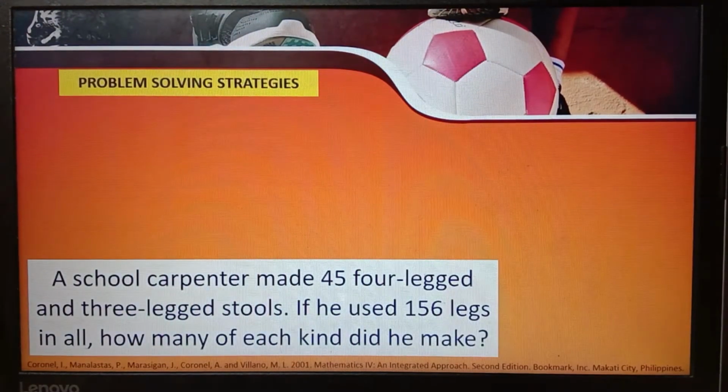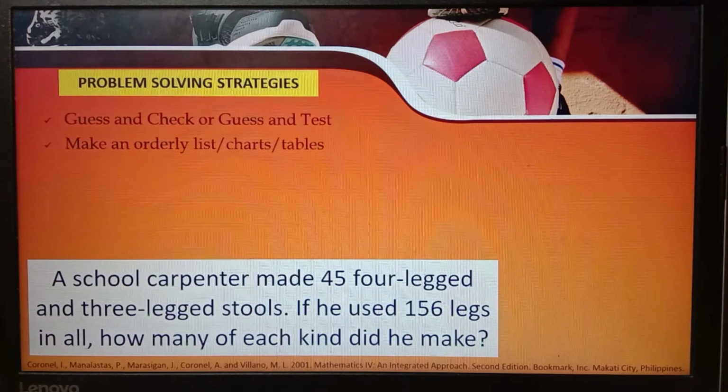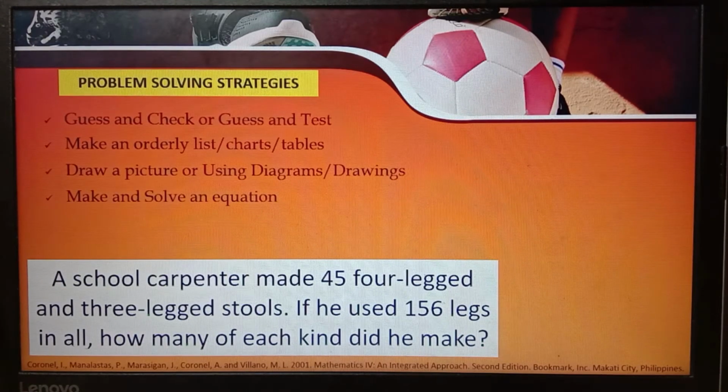The first one: a school carpenter made 45 four-legged and three-legged stools. If he used 156 legs all in all, how many of each kind did he make? In answering this problem, you could apply lots of strategies: guess and check, make an orderly list, charts or tables, draw a picture or use diagrams, make and solve an equation, or logical deduction.